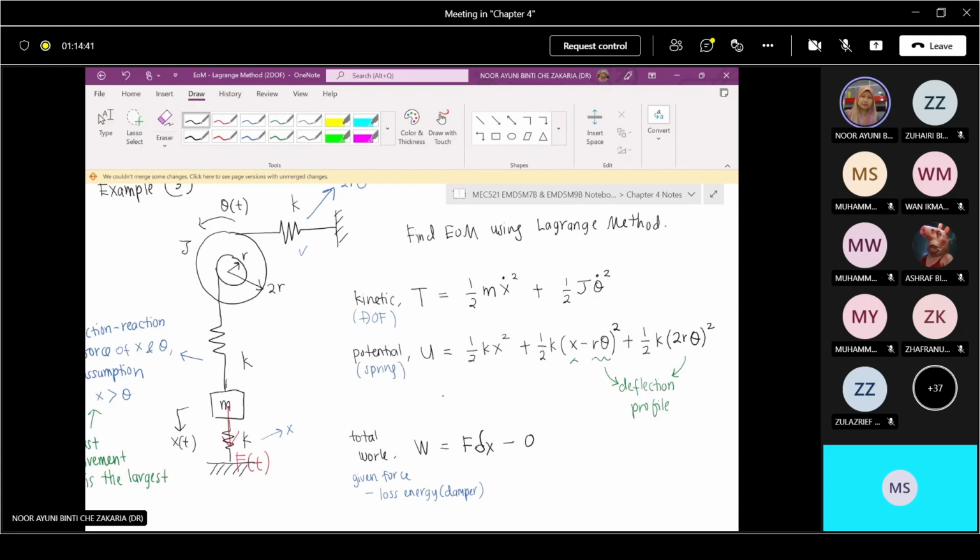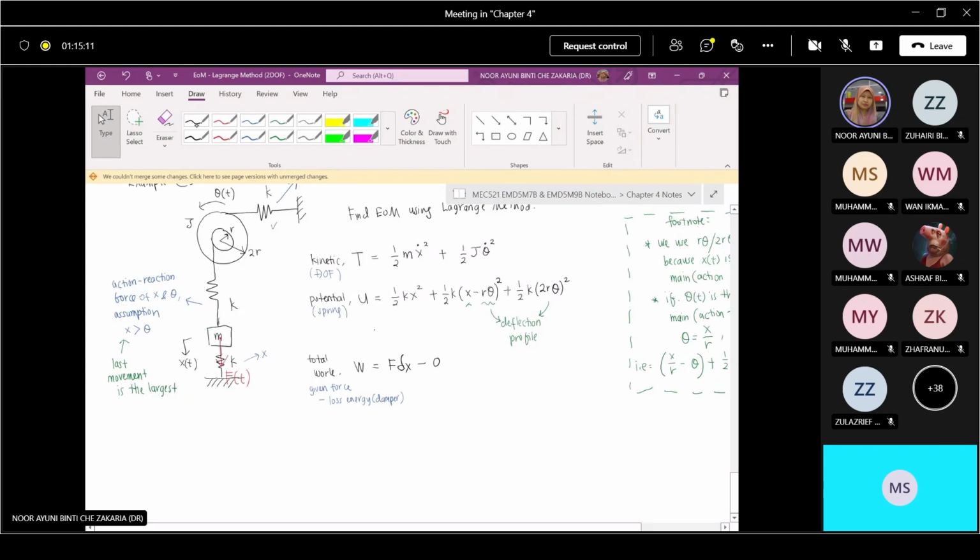Okay, so once you prepare this one, this is kind of your free body diagram. Kalau you nak buat Newton's second law, F equal MA, M equal I theta double dot kan, you prepare free body diagram. But if you want to do the Lagrange method, you don't prepare the free body diagram, but you prepare the energy equation. Okay, so saya kecilkan situ. Okay.